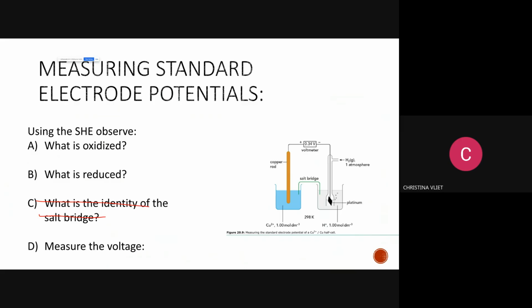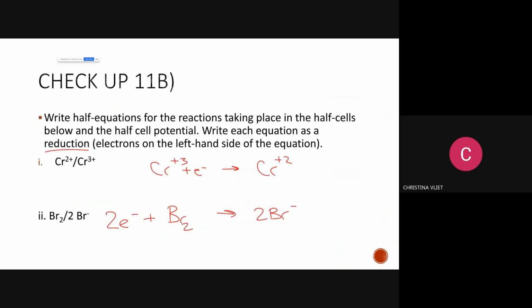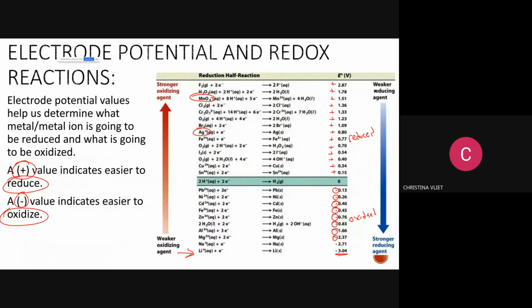So let's take a look at this. Looking at copper versus the sheet. What do you think? It's oxidized. And so let's take a look back here. Copper is not oxidized versus the sheet.